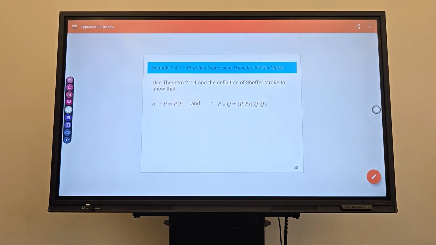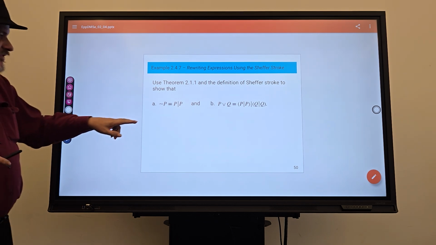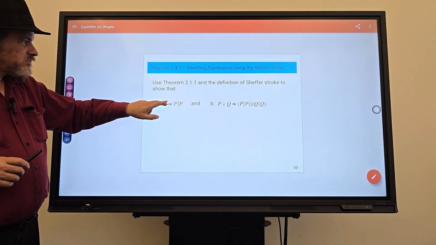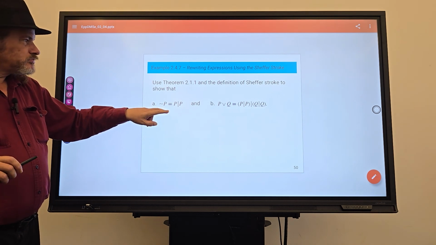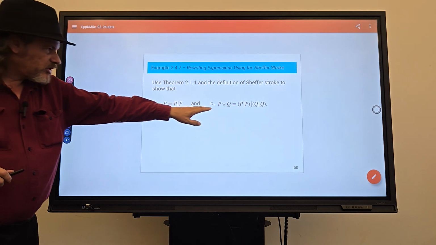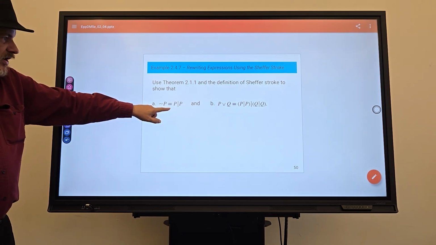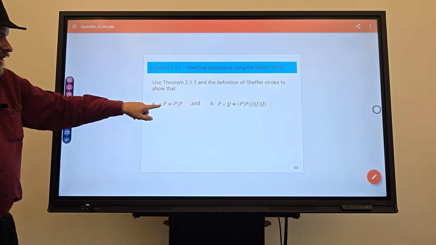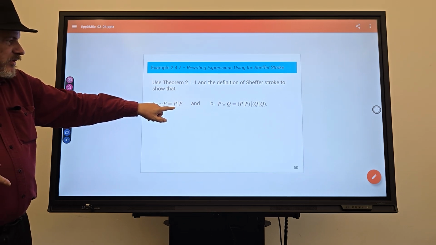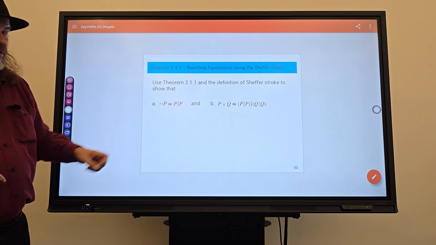Now, these four expressions are different ways of showing things. So a not P is also the same as P NANDed with itself.